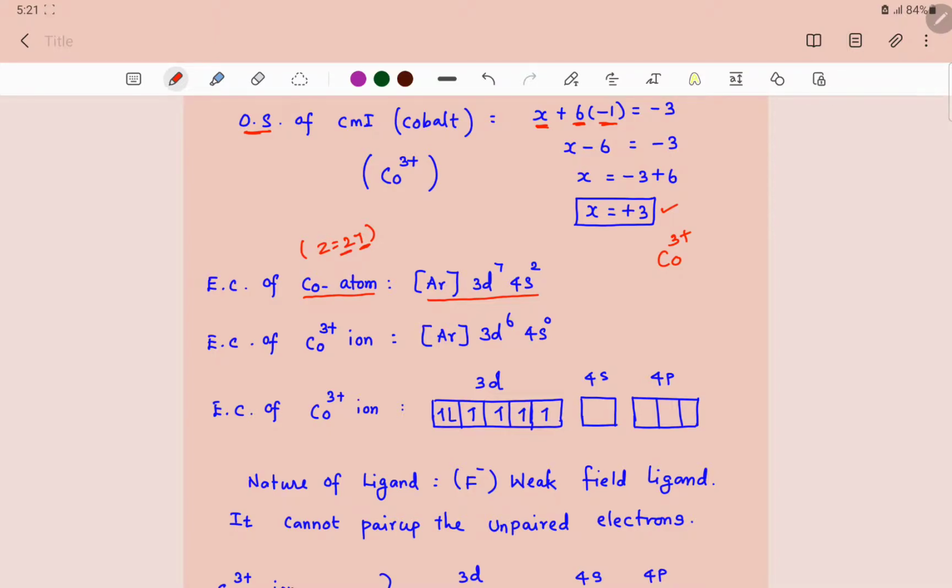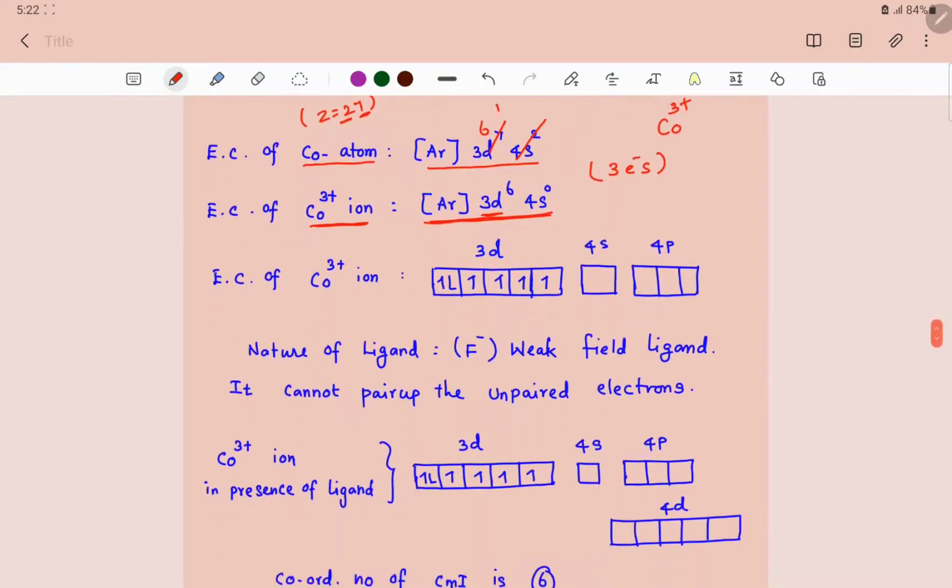But in the complex, cobalt is in the 3 plus oxidation state, so next we write the electronic configuration of the cobalt 3 plus ion. It is formed from the cobalt atom by loss of 3 electrons: 2 electrons from the s orbital and 1 from the d orbital are removed, so the 3d orbital carries only 6 electrons. The configuration of cobalt 3 plus is argon 3d6 4s0.